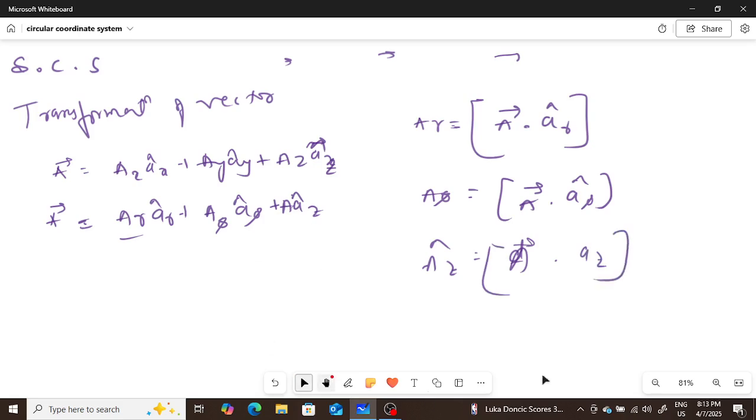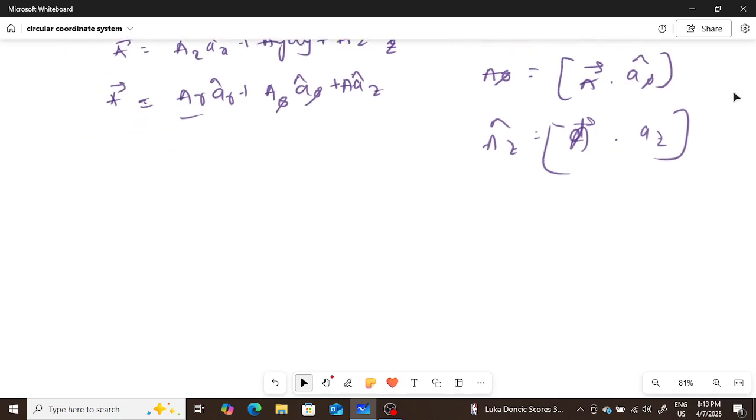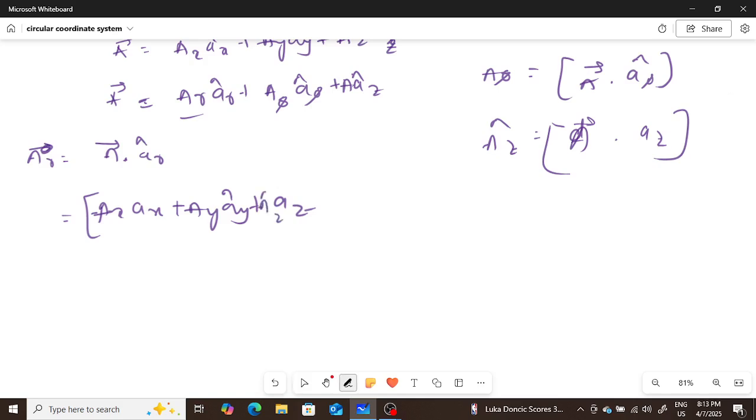So here I'll take only AR. What you will write is vector A dot AR, it is not into, it is dot. So you have to write vector A in the Cartesian coordinate system, AX plus AY plus AZ, dot AR.